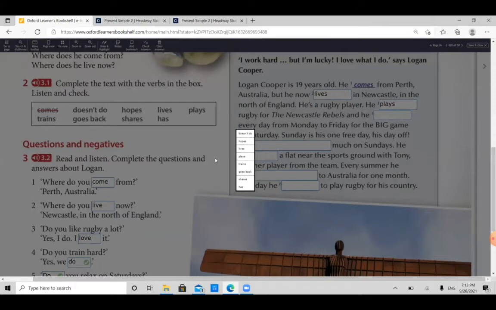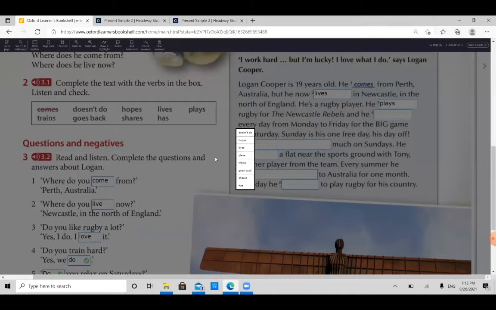Mona, what do you think? He trains. Excellent, trains. So he trains. What do you mean by trains? Exercise, practice. Okay. So he plays rugby and he trains means he exercises every day. Why? For the big game. So he has a big game, so he trains every day.